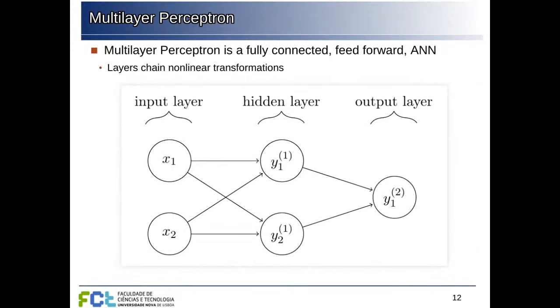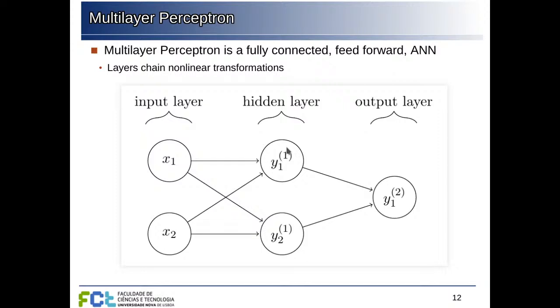For example, a multilayer perceptron is a dense network in which each layer is fully connected to the next layer and so on until we reach the output layer. This is a feed-forward network because the input is passing on from one layer to the next.